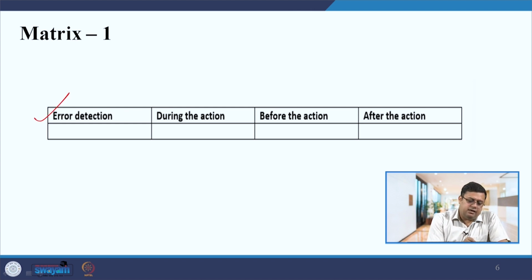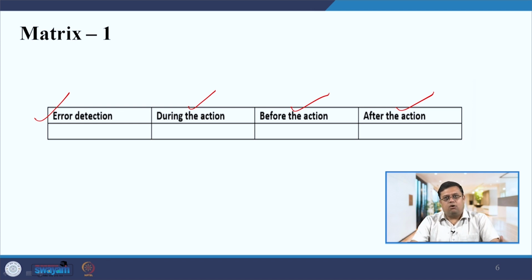I hope the definition of error you have already understood. This error was identified during the action, before the action, or after the action, right.